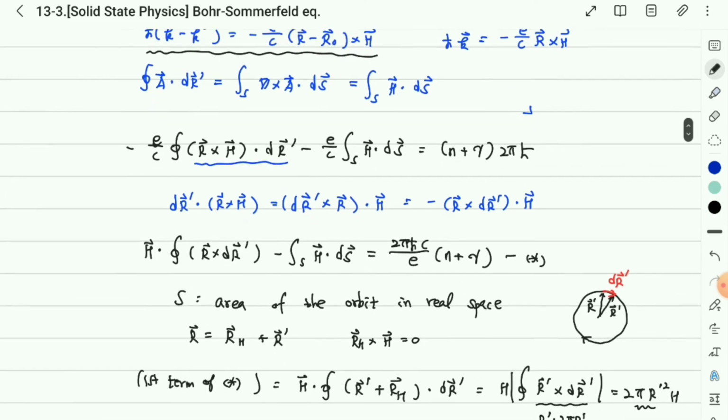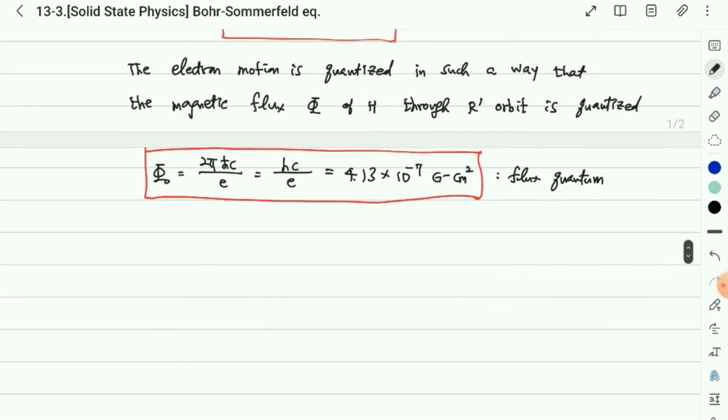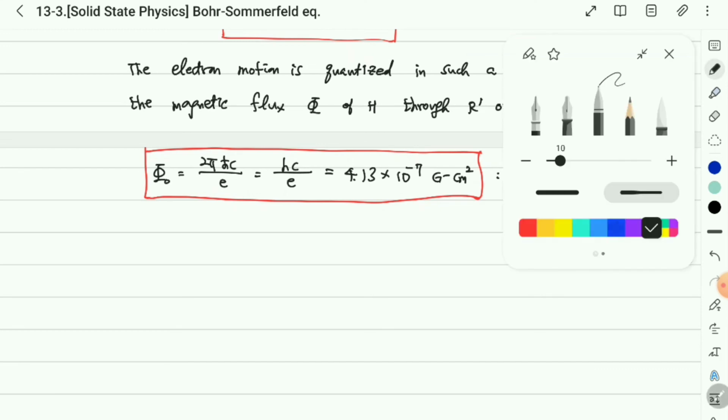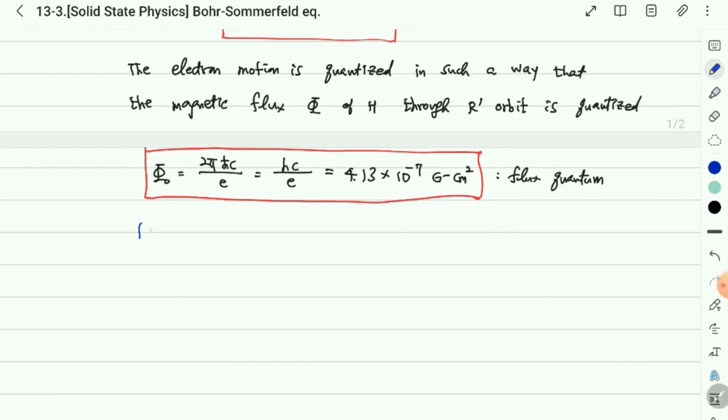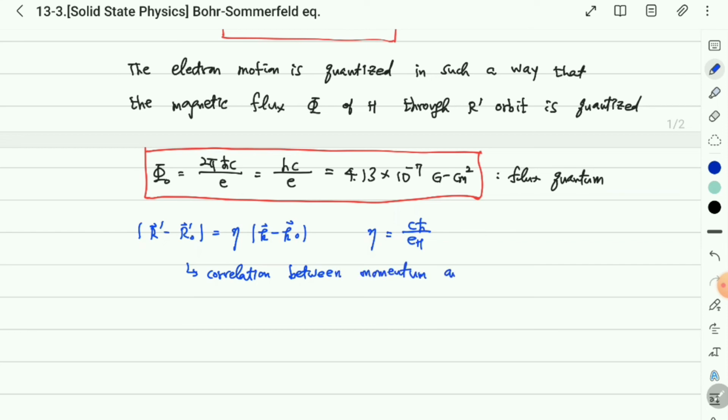And here, when we think of the absolute value, the absolute value r prime minus r prime 0 is k minus k0 times a factor eta. Factor eta can be written as c h bar over e h, and it is the correlation between momentum and real space.